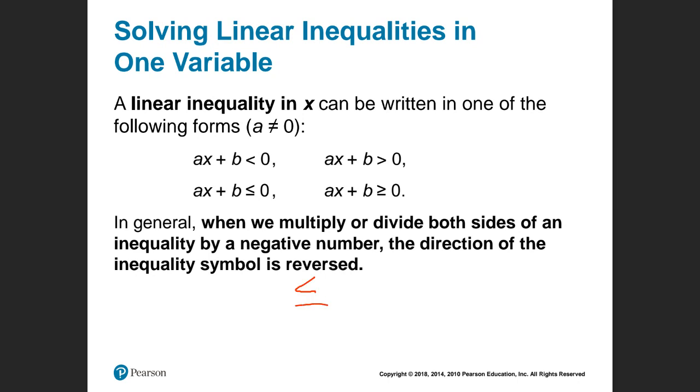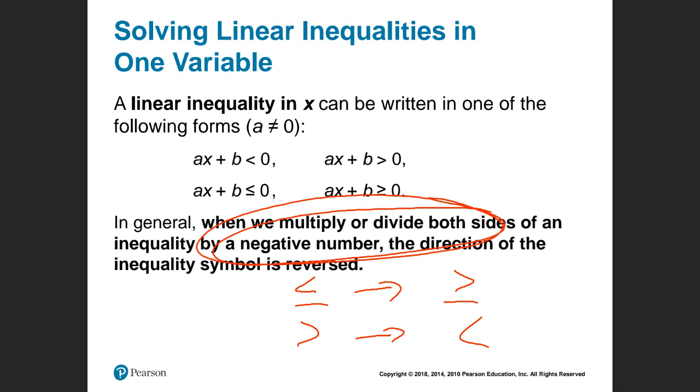For example, if it's less than or equal, when you multiply or divide by a negative, it changes. Greater than becomes less than. Be careful, you have to remember this one: multiply or divide both sides of an inequality by a negative number, change.